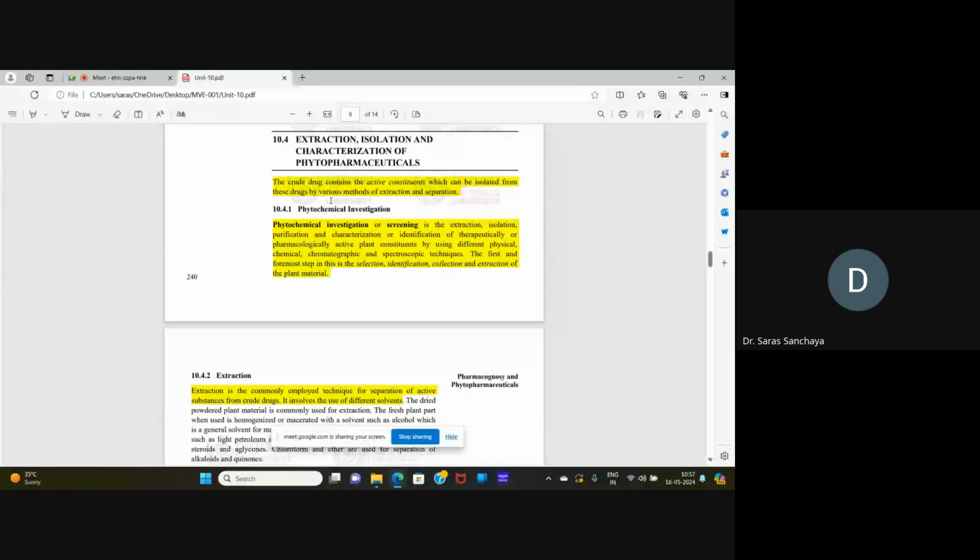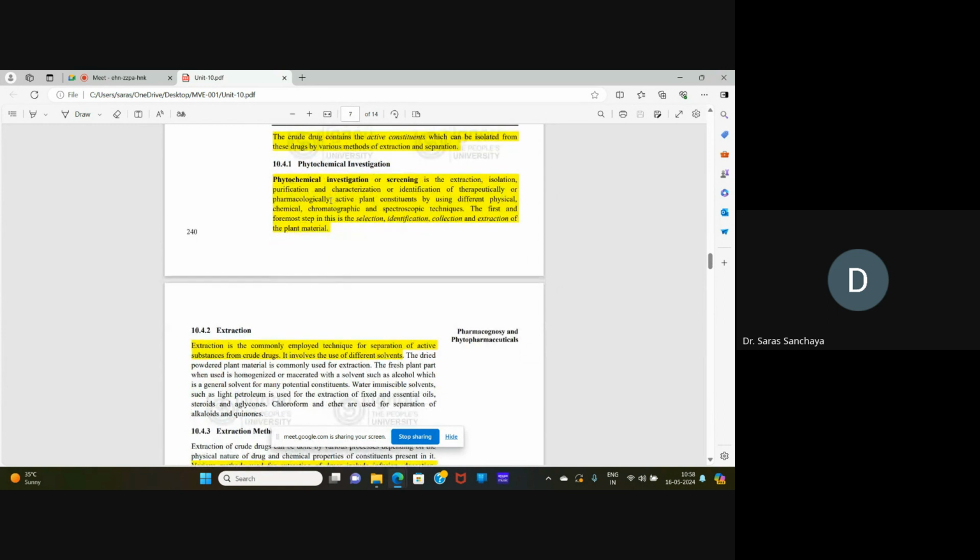Phytochemical investigation or screening is the extraction, isolation, purification, and characterization or identification of therapeutically or pharmacologically active plant constituents by using different physical, chemical, chromatographic, and spectroscopic techniques. The first and foremost step is the selection, identification, collection, and extraction of the plant material.